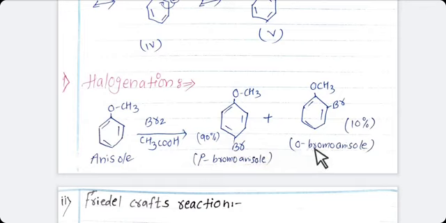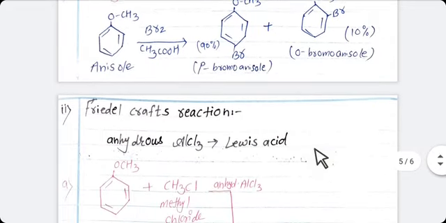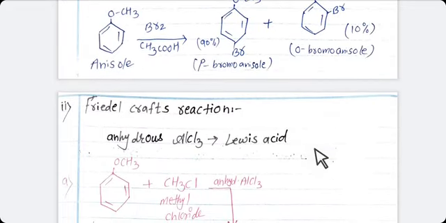The next reaction is the Friedel-Crafts reaction. Anisole reacts with an alkyl halide or any compound. Whenever it reacts with an alkyl halide, it is known as Friedel-Crafts alkylation. Or when any compound reacts with acyl chloride, it is known as Friedel-Crafts acylation.